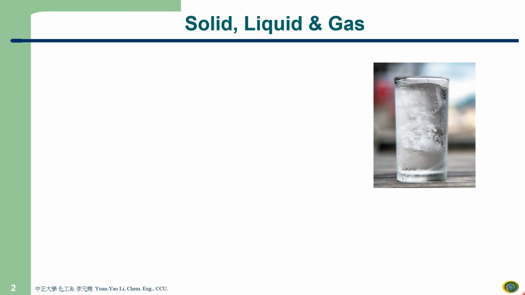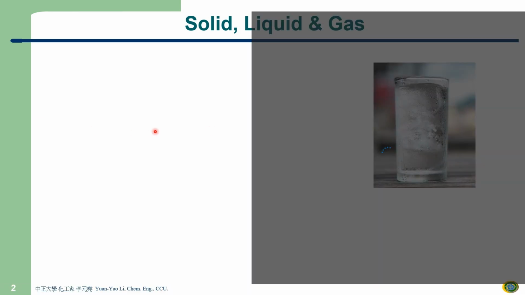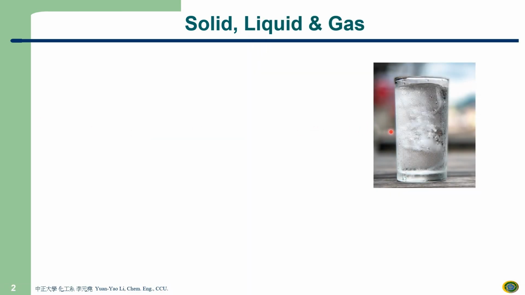It can be gas, liquid, or gas, solid, or liquid, solid. So when you see a glass of water with ice cubes inside, this is a multi-phase system, right? You have water and you have ice cubes.